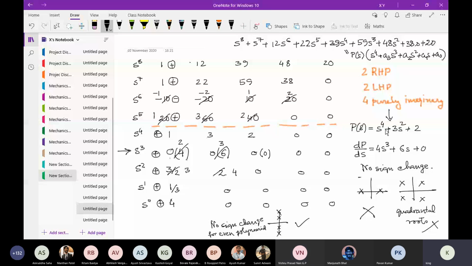You can find out the nature of roots, because again I'll repeat one thing. Let me digress a bit. We have talked about this a lot. Let's say mechanics of solids.